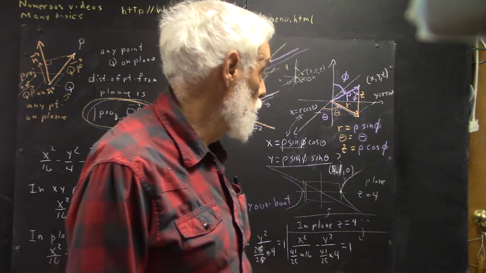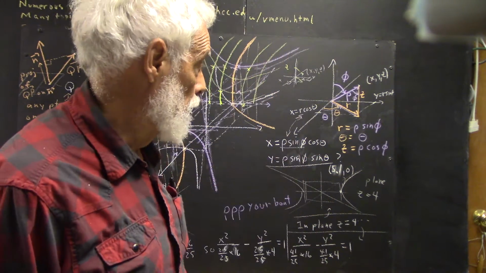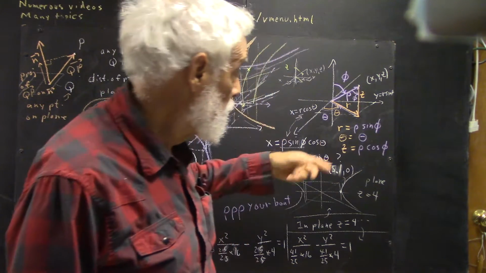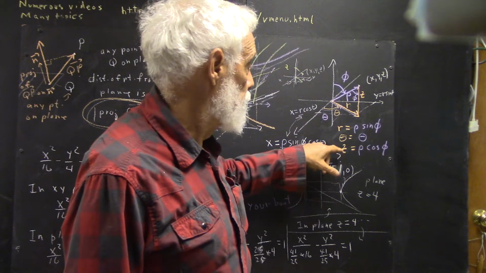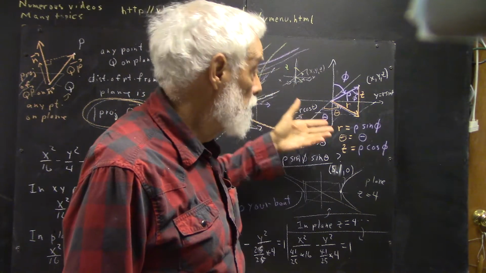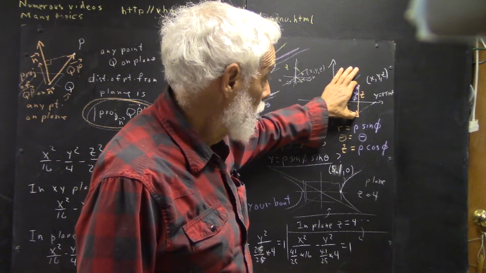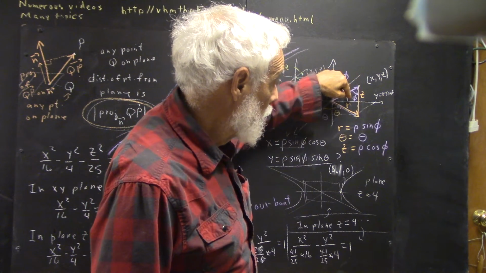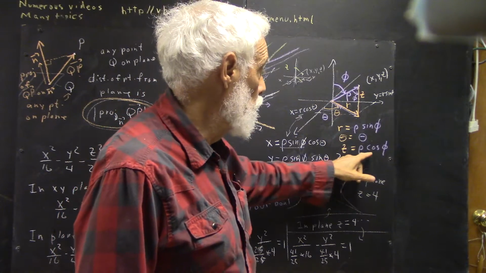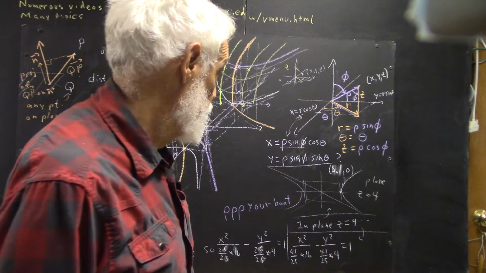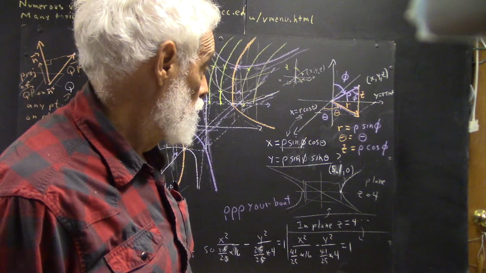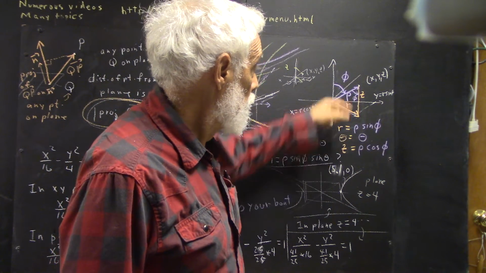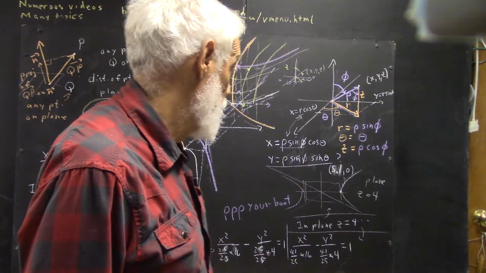Very straightforward if you are conversant with right angle trig. That should be obvious, and then it should be equally obvious that our z coordinate from the cylindrical system is this leg of the triangle, the leg adjacent to the angle phi, so that z is rho cosine phi.